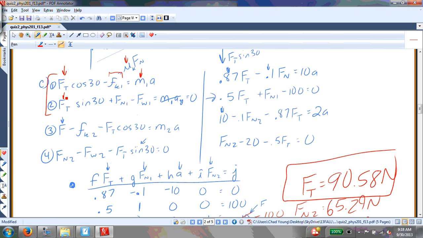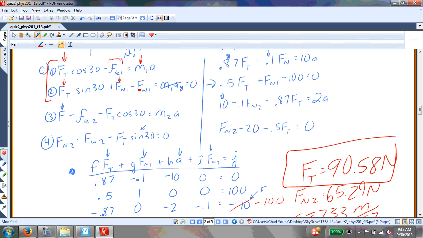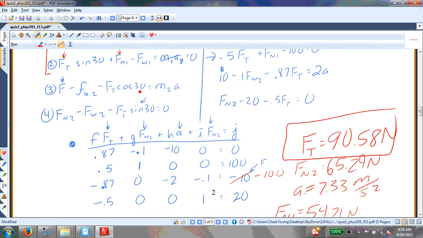Over here, I know Ft. I do not know Fn1, but I know Fw1. So I can take those two equations. Let me just rewrite them down here. I have Ft cosine 30 minus Fk1 equals M1A.